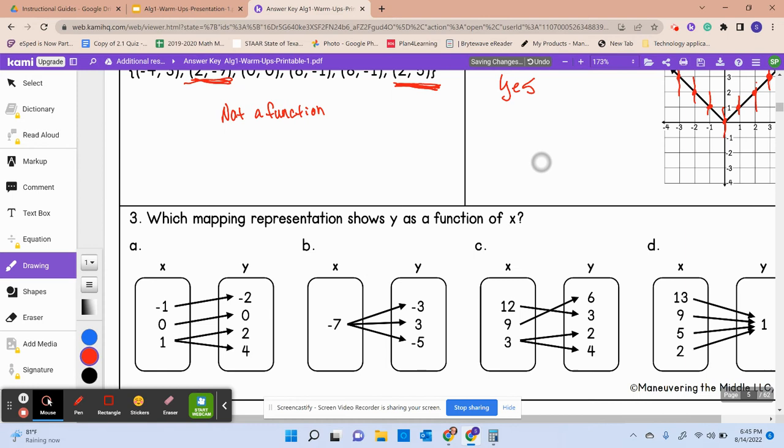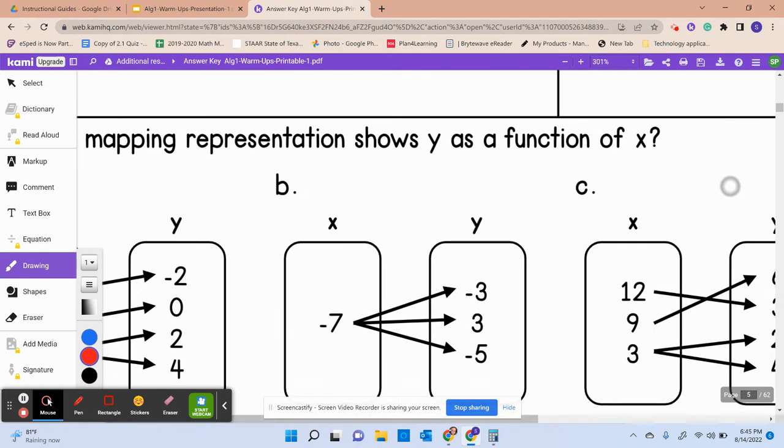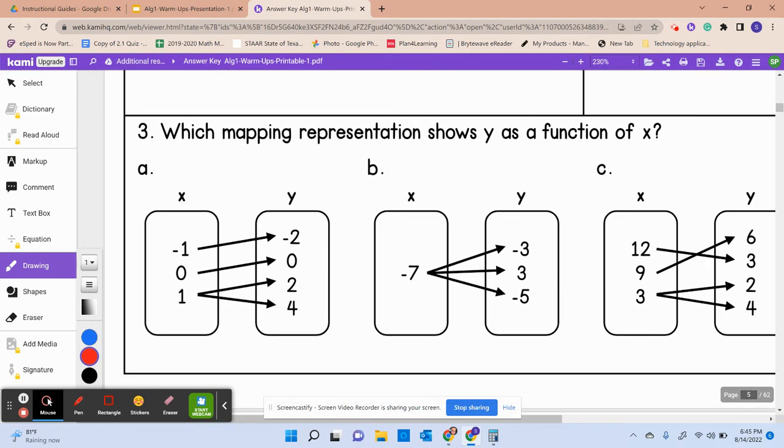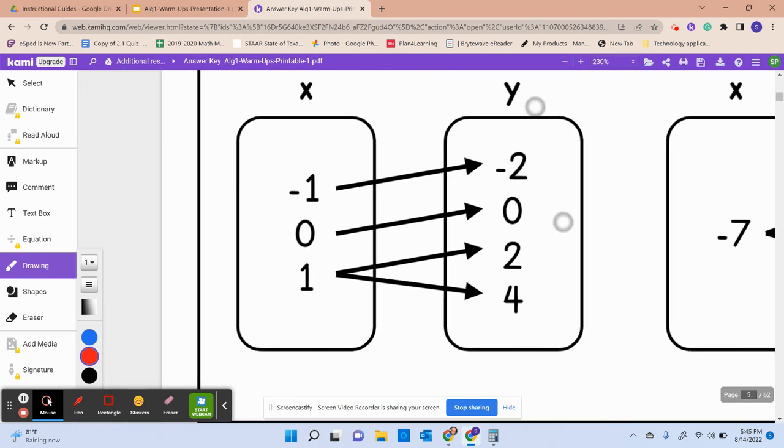Now, the mapping becomes a little more tricky. Let's go ahead and take a look at that. Remember, you're seeing if the x values... this one's saying which representation shows y as a function of x. So we have to find the one that does.